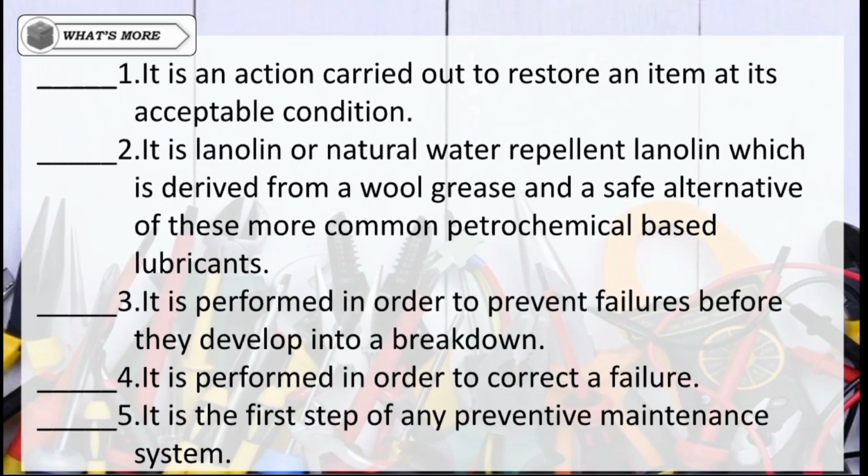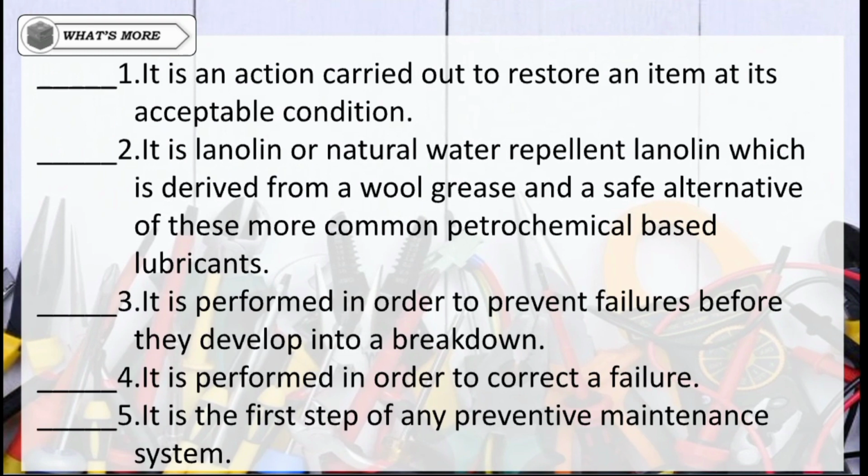Okay? And then for the questions, class, number 1: it is an action carried out to restore an item to its acceptable condition. For the second question, it is lanolin or natural water repellent, lanolin which is derived from wool grease and a safe alternative to the more common petrochemical-based lubricant. For number 3, it is performed in order to prevent the failure before they develop into a breakdown.